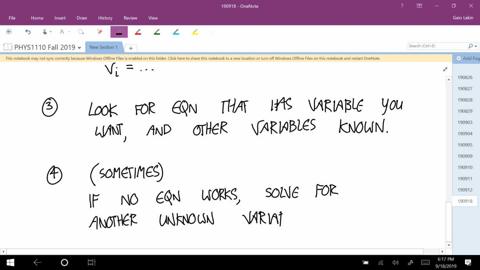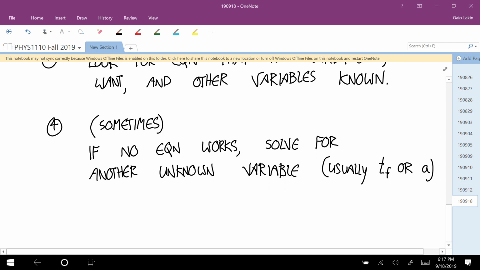The best choices for these are usually time final or acceleration. And then try again. Because once you solve for this variable you don't know, then you have one more variable that you do know, and maybe now you can find an equation that'll work. Okay, any questions about that?